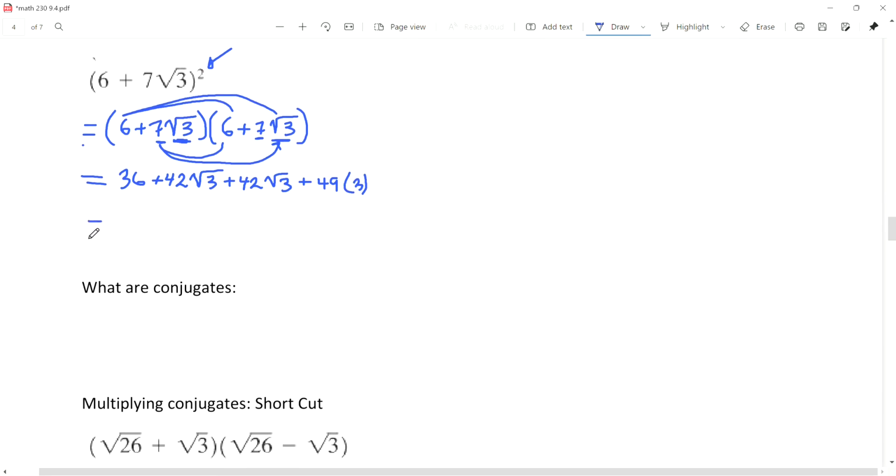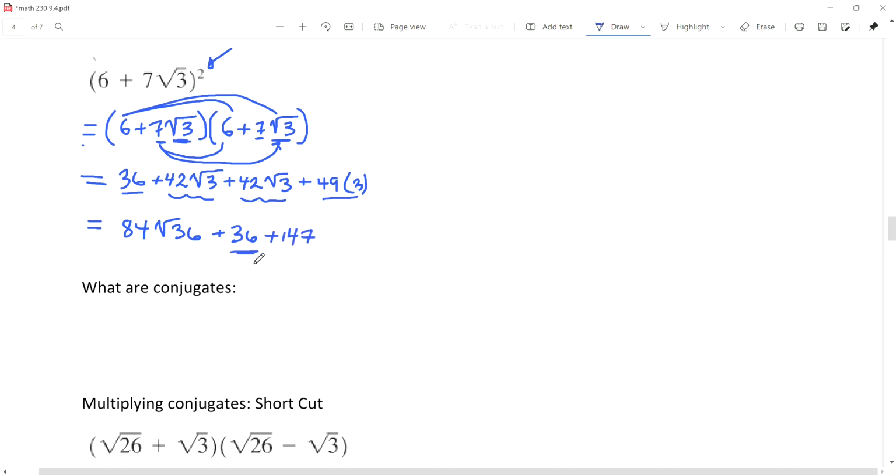Now let's simplify. Let's collect like terms. We have 42 root 3 plus 42 root 3. That's 84 root 3. I'll bring down that plus 36. And then we'll simplify 49 times 3. 49 times 3 is 147.